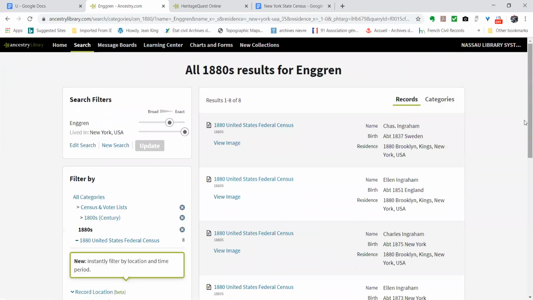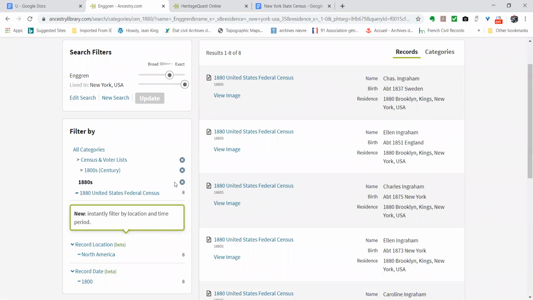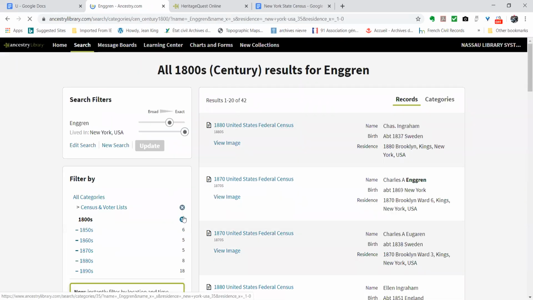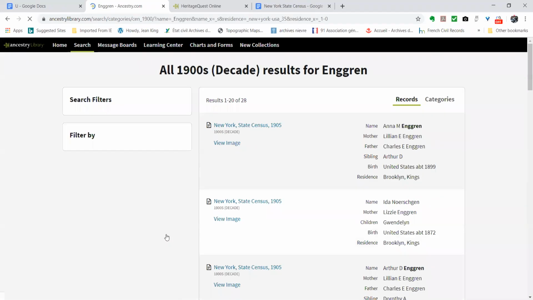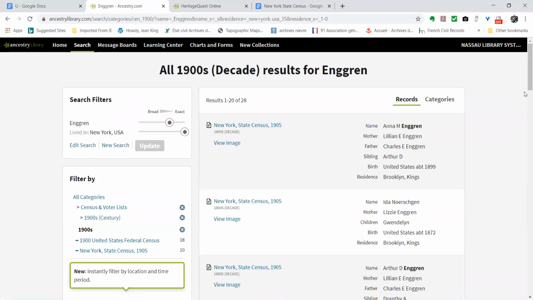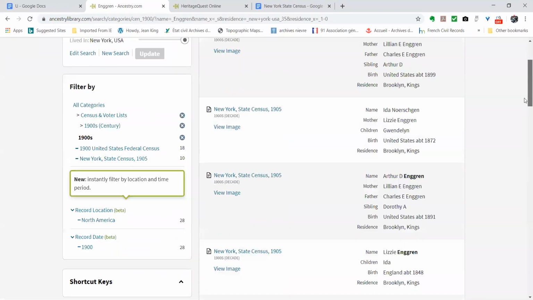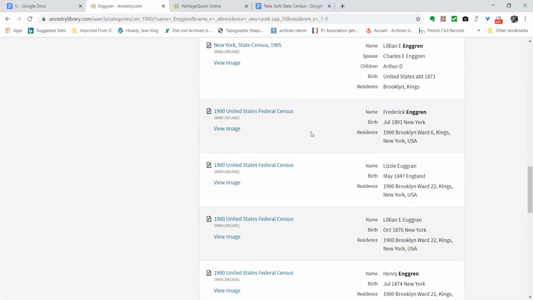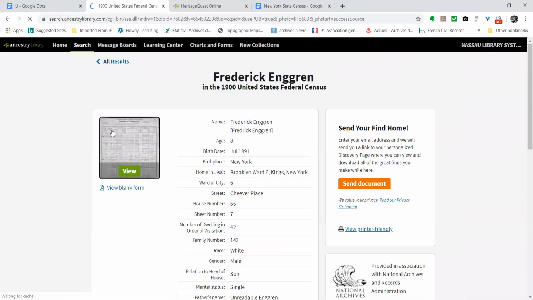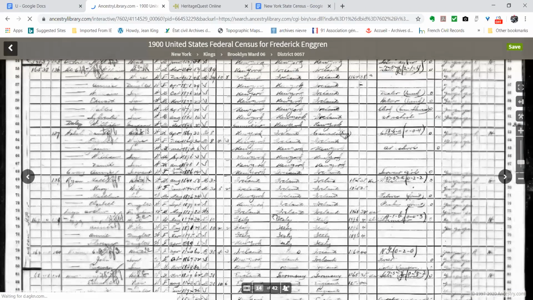And so we have no 1890 census since it was burned. So we'll go to 1900. Now this one is probably one of the worst looking census pages I've seen from my family.